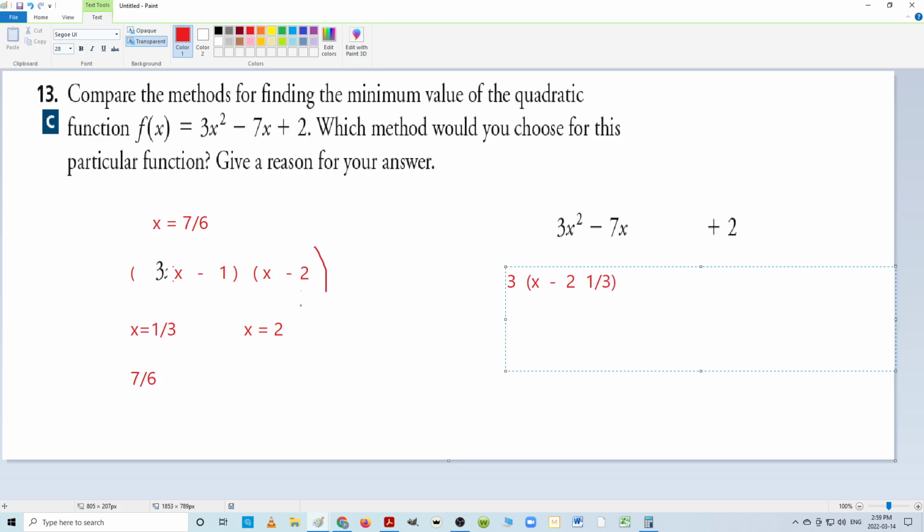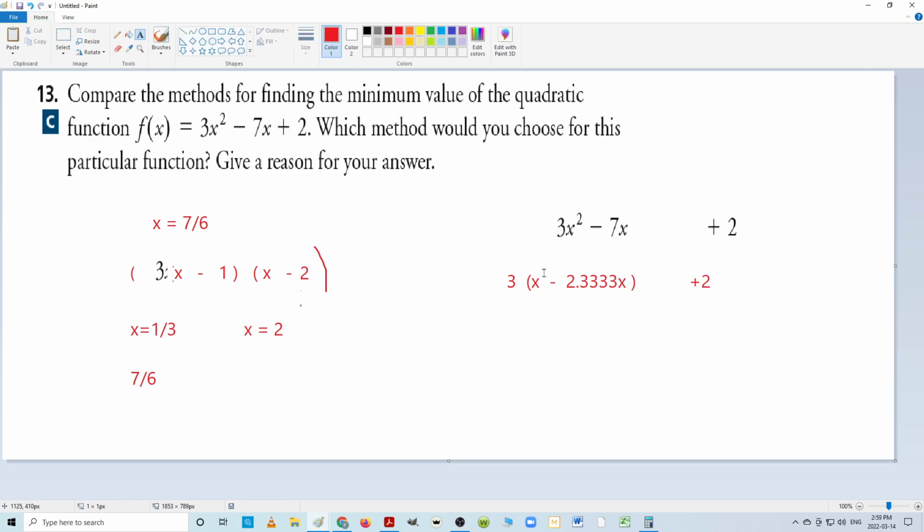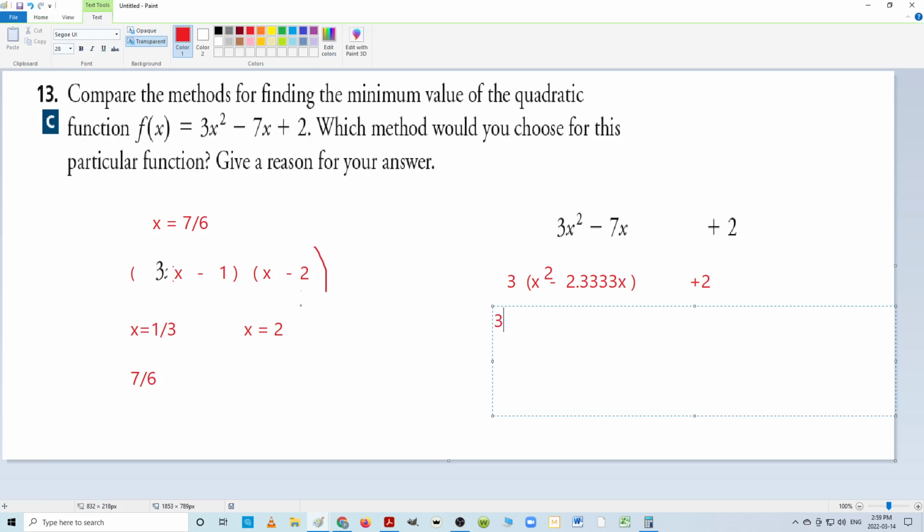Or if you want, 2.33333333, x squared, first one squared, and then plus 2 way over here. If I find the perfect square of that, I'd have to half that, which is negative 1.16666666. Then I'd have to find the square of that.